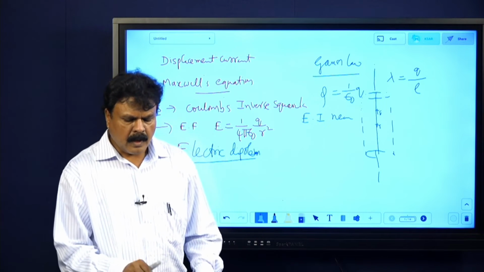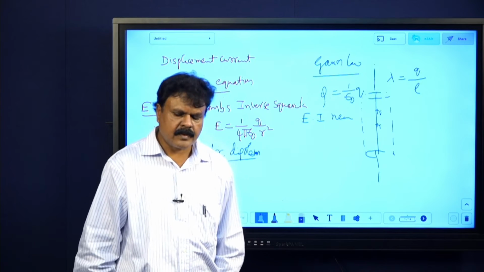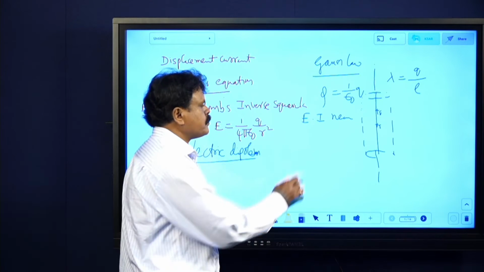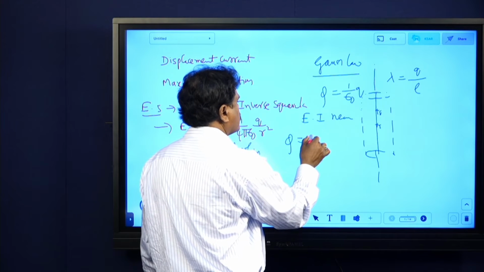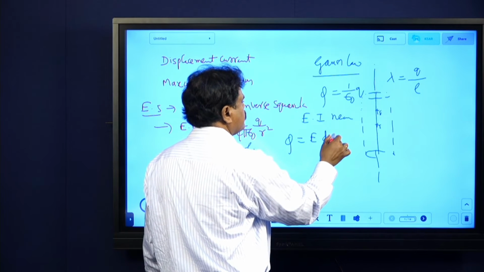After taking that Gaussian surface, here phi is 1 by epsilon naught q. At the same time, phi equals the integral of E dot ds.